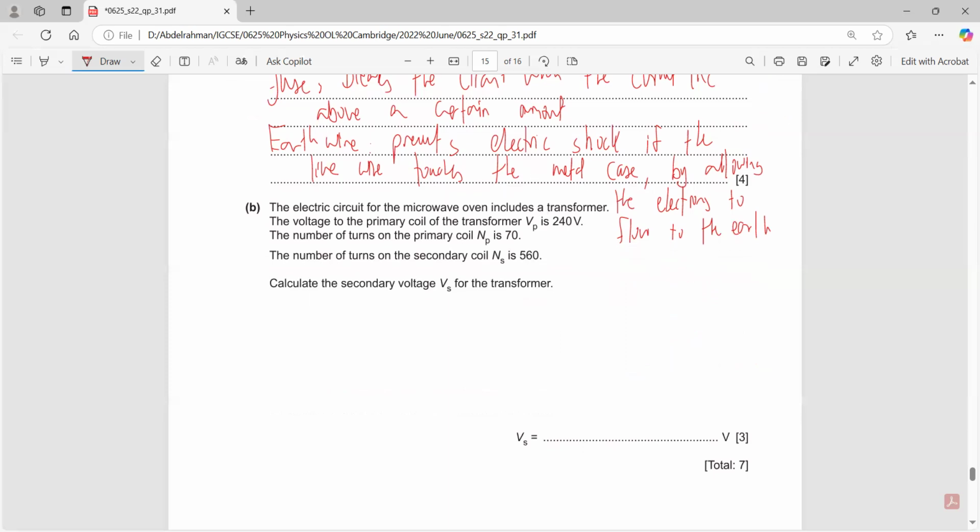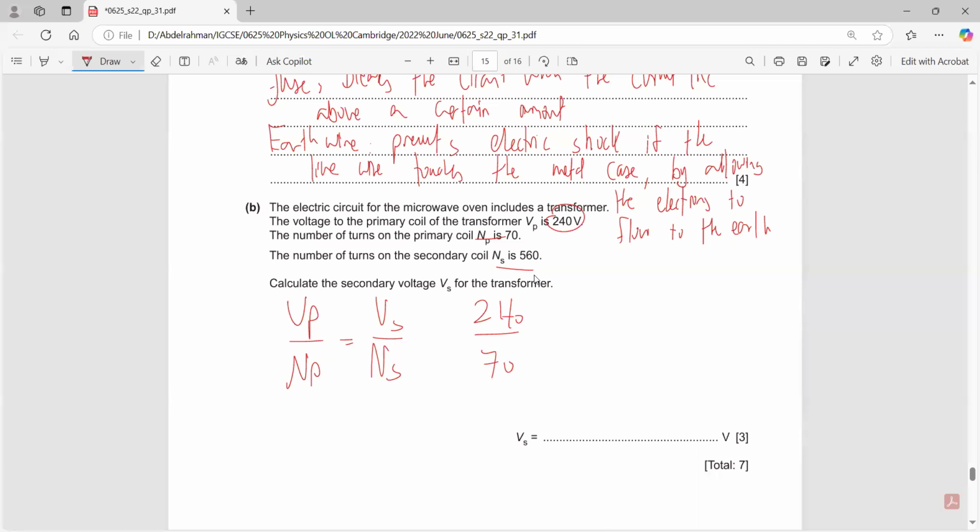Can I find the secondary voltage? Yes, I can find the secondary voltage. Because you have the primary voltage, you have the number of turns on the primary coil, and you have the number of turns on the secondary coil. So basically, Vp over Np equals Vs over Ns. Vp, what is Vp? 240.